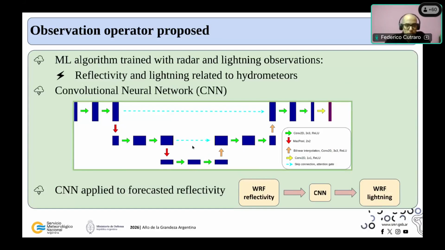So we train a convolutional neural network, specifically a UNet-like architecture, to learn this relationship only from observations, and then take the WRF or any model reflectivity forecast as an input for the convolutional neural network, and get the forecasted lightning.